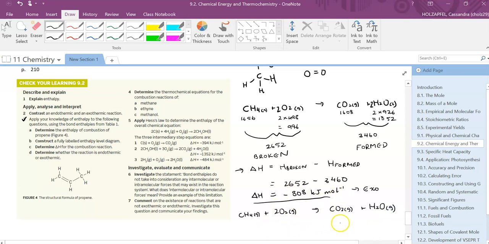And I should have my little stoichiometric coefficient. In total, this energy change is going to be equal to negative 808 kilojoules per mole. So again, if I was to double the amount of moles of this particular reaction, it's going to double the amount of energy that's being released to the environment.